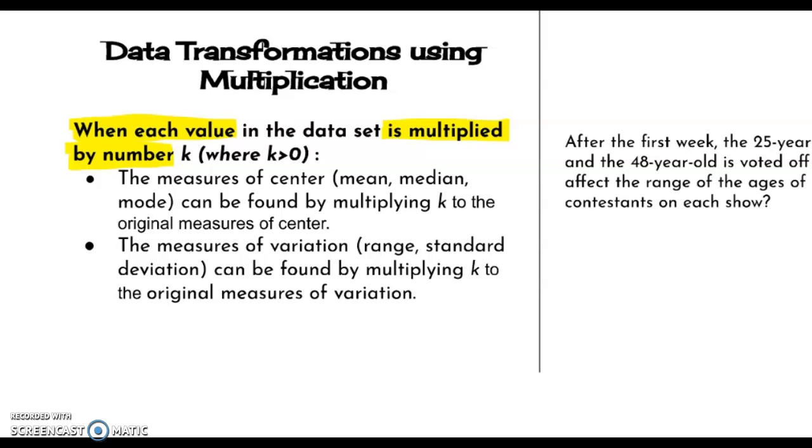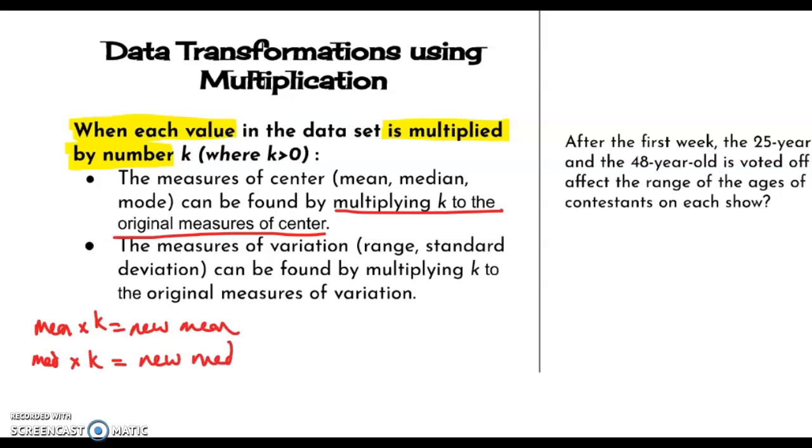The measures of center, your mean, median, and mode, can be found by multiplying that same number to the original mean, median, and mode. So you take the mean times k to get the new mean, the median times k to get the new median, and the mode times k to get the new mode.